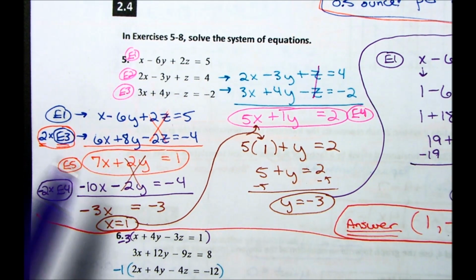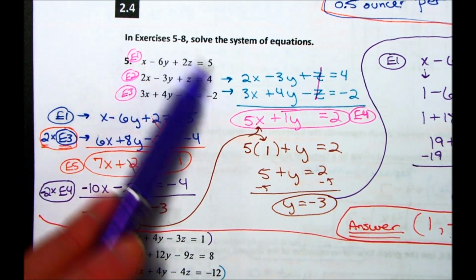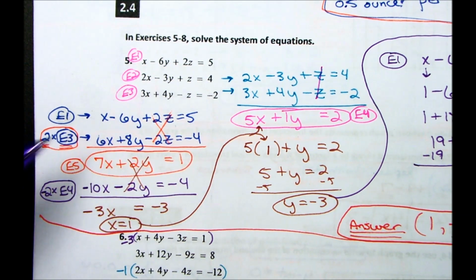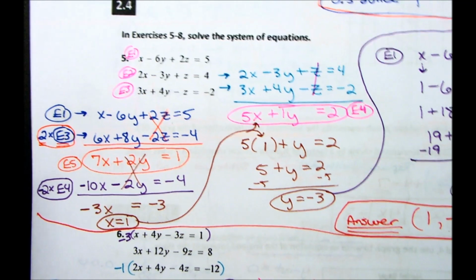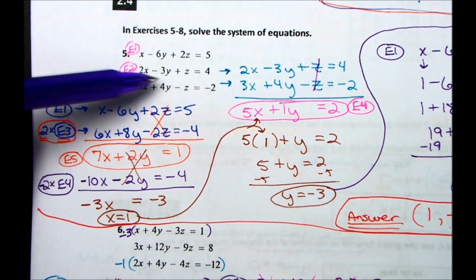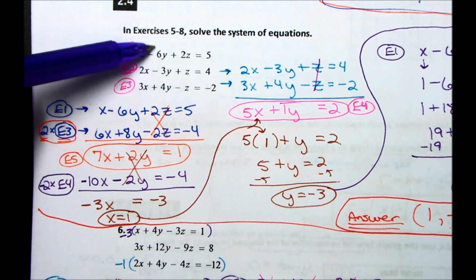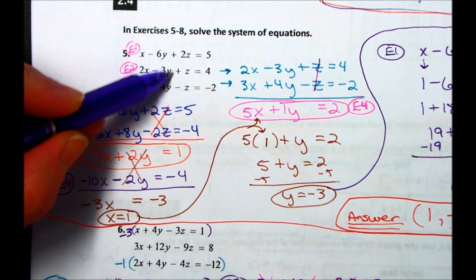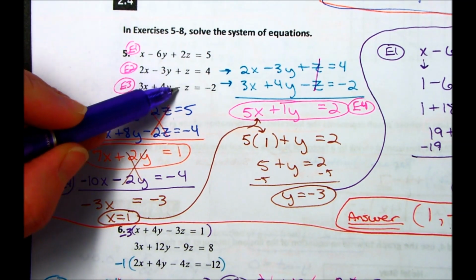section 4 is an example of our 3x3 equations. So we've got 3 equations here, and we have to solve the system. So we need to find x, y, and z. The first thing you look at are your coefficients for each variable and try to decide which one will be the easiest to eliminate. Well, I'm looking at these z's here, and I see a positive z and a negative z.